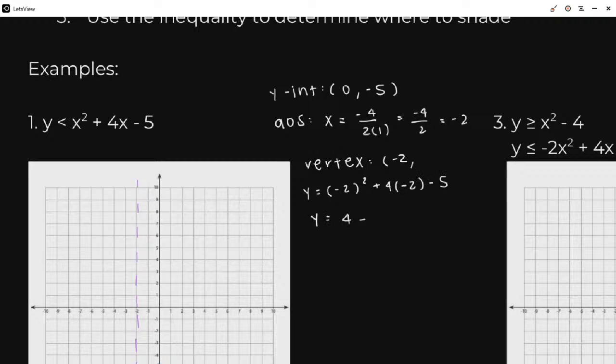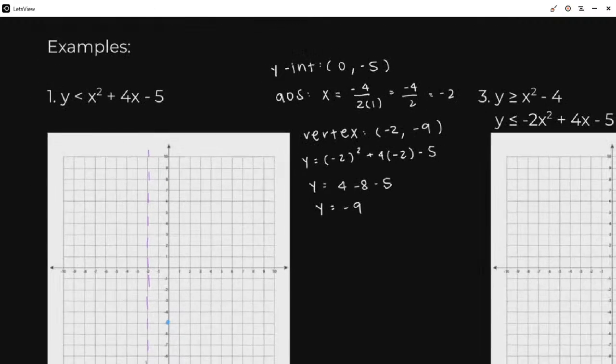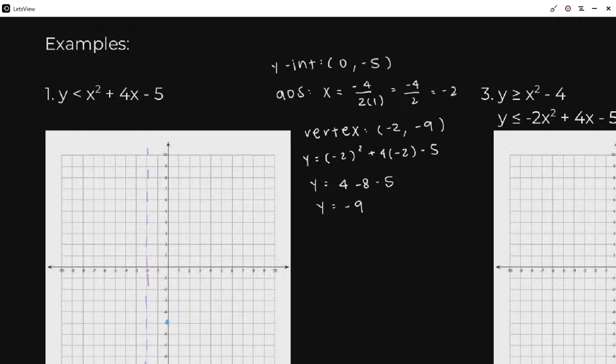So that'll be 4 minus 8 minus 5, which is negative 9. So the vertex is at negative 2, negative 9, which is right here. So we can also reflect the y-intercept. So that would be right here.